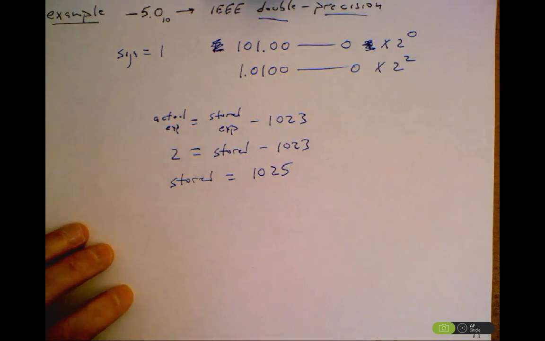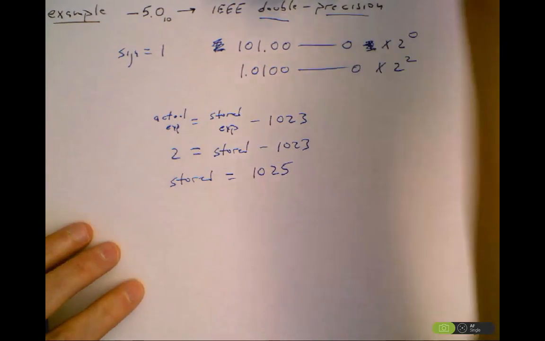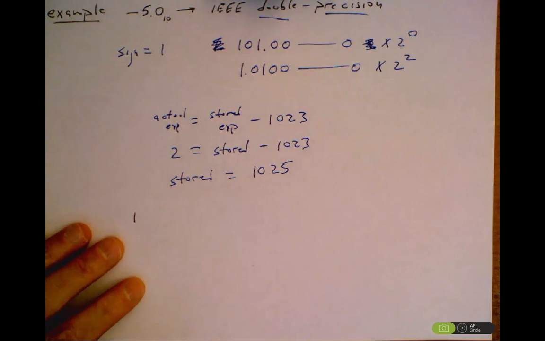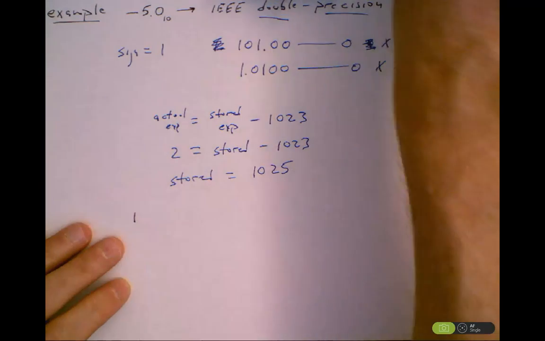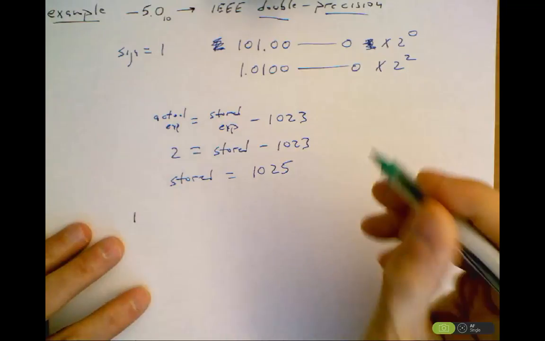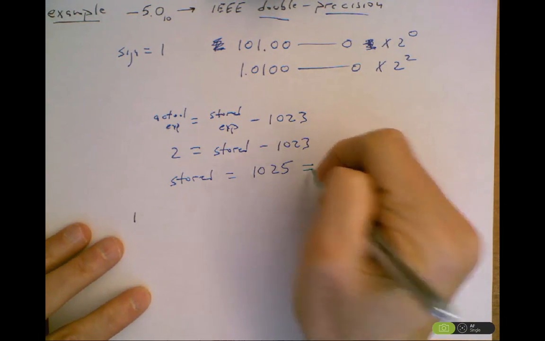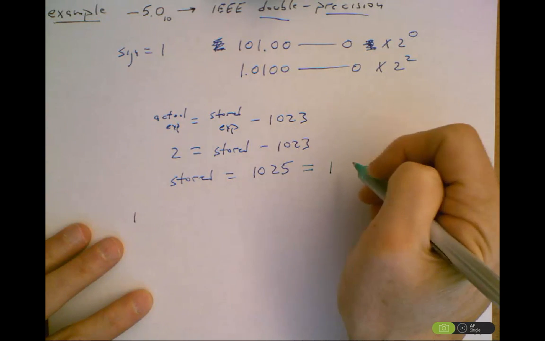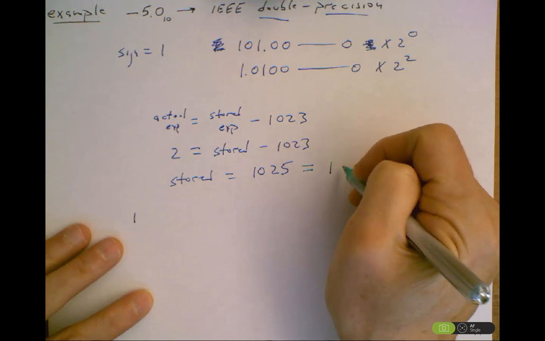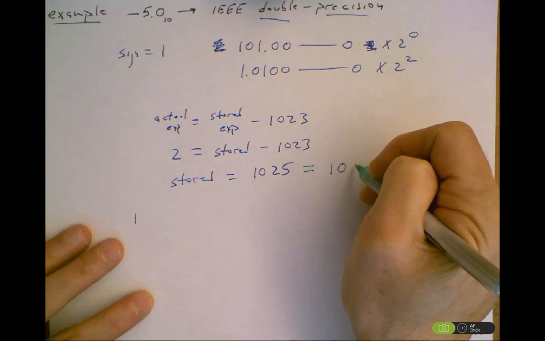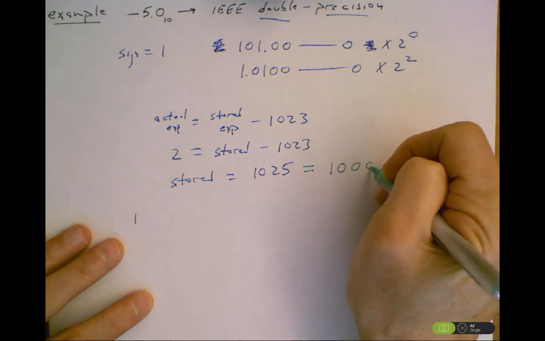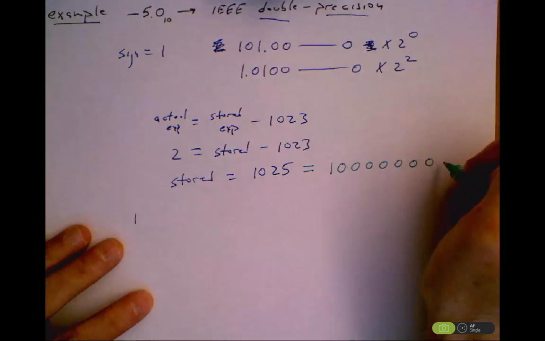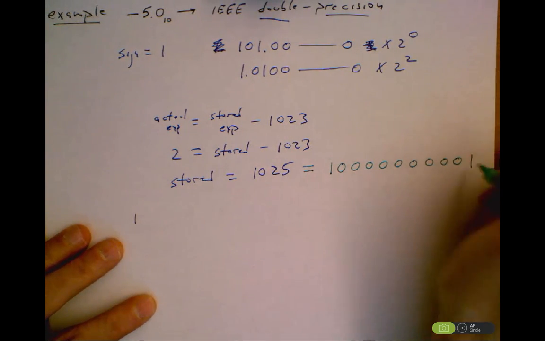Okay, so I can now start to write down the bits, right? I know the sign bit is a 1. I need to come up with what the bits are for the exponent. Well, it's 1024 plus 1, so 1024, 512, 256, 128, 64, 32, 16, 8, 4, 2, 1.